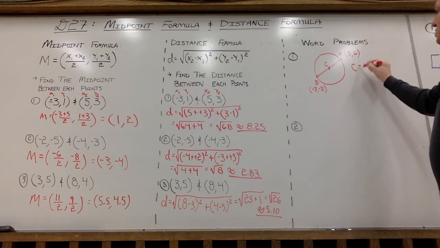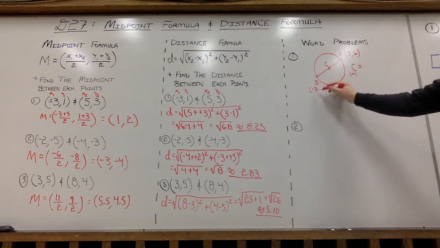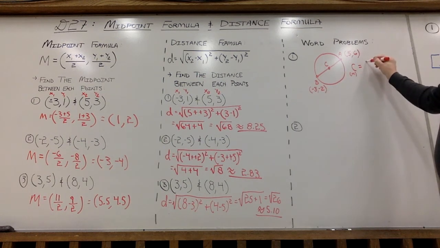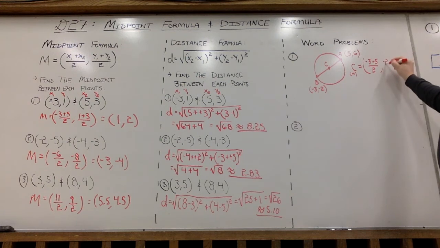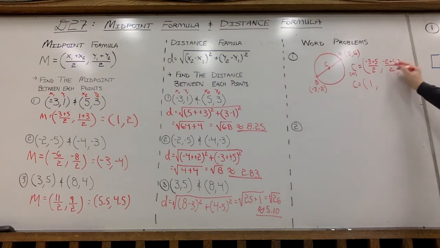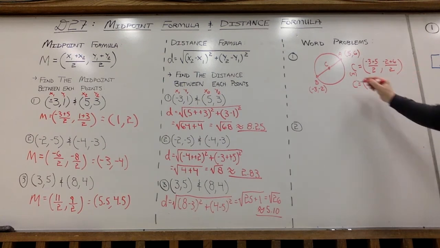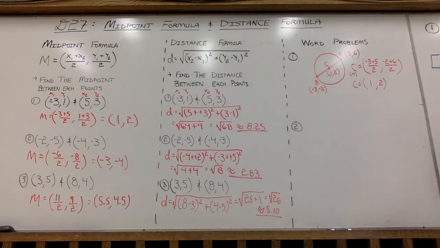So point C, which is equivalent to M, the midpoint, would be adding my x values together. So -3 plus 5, dividing by 2, and then adding my y's, -2 plus 6, dividing by 2. So 5 minus 3 is 2, 2 divided by 2 is 1, and then -2 and 6, 6 minus 2 is 4, 4 divided by 2 is 2. So the center of the circle would be at 1, 2.